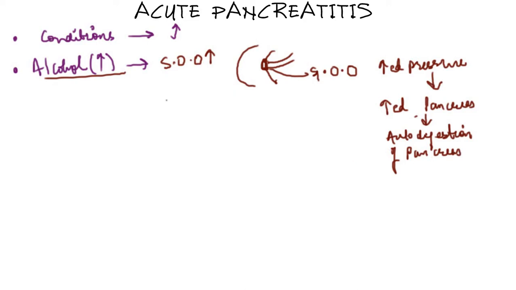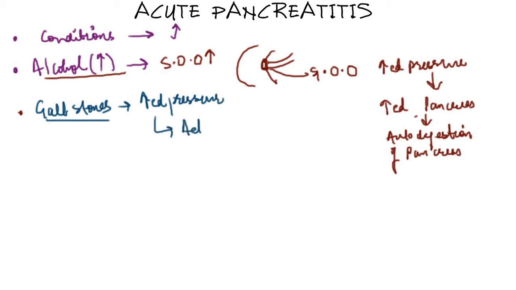Now let's look at the second most common condition which can lead to acute pancreatitis, and that is gallstones. As the gallstones lodge in the pancreatic duct or the hepatopancreatic duct, there would be an increased pressure in the pancreas, and this increased pressure can lead to activation of the enzymes, and as a result there would be acute pancreatitis.